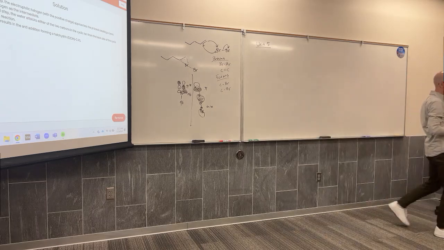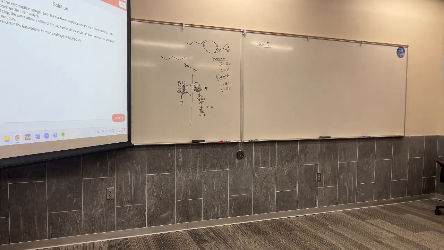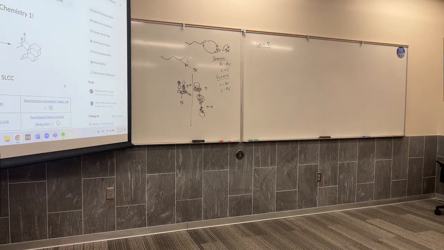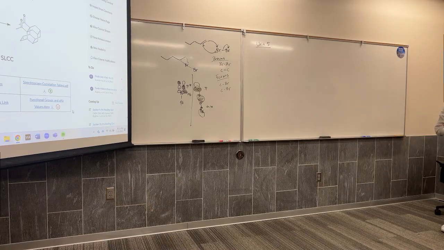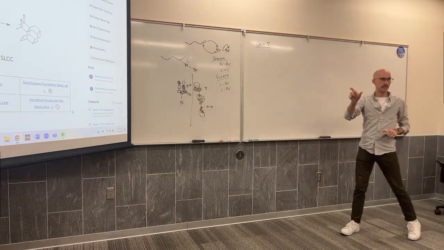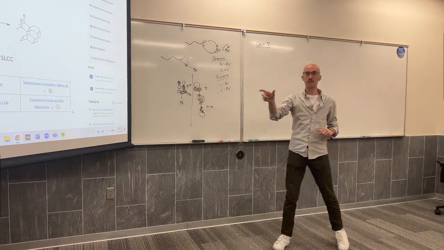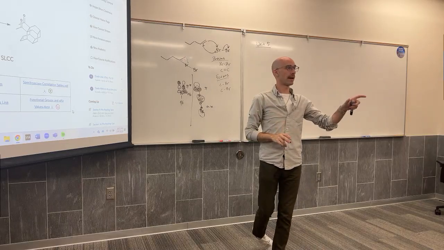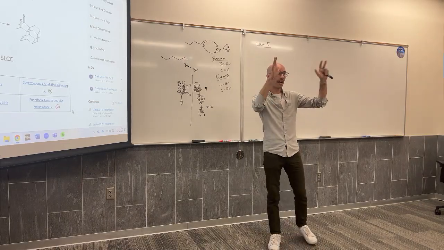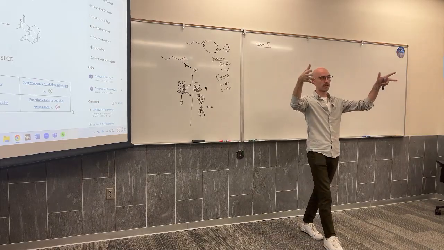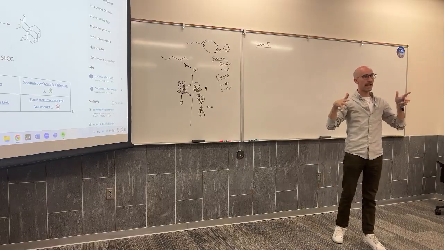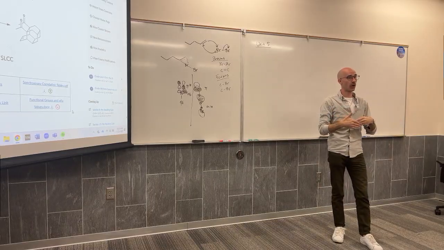Now, as a preview, at the end of this unit, your part B is not going to be predict a missing product and show a mechanism for the reaction. You will have one problem where you have to show a mechanism, and you'll have another problem where you need to solve a multi-step synthesis.